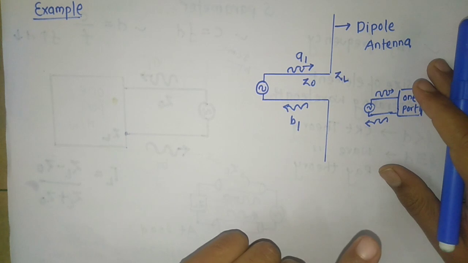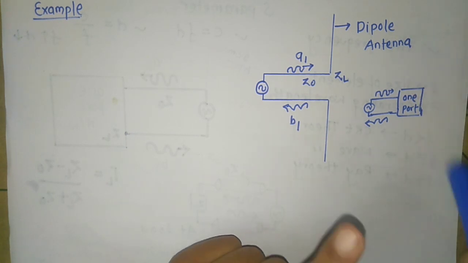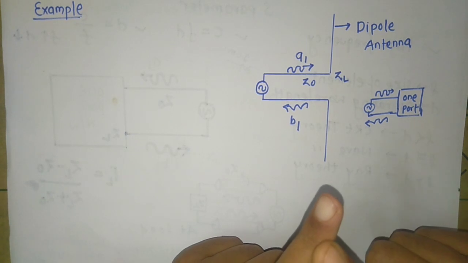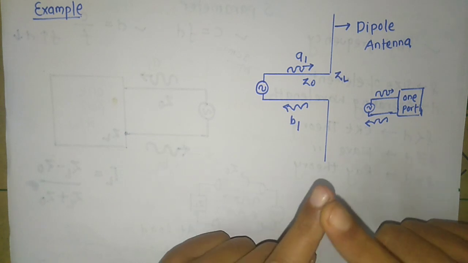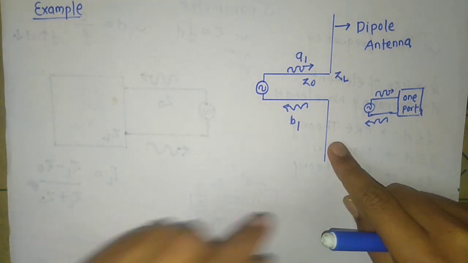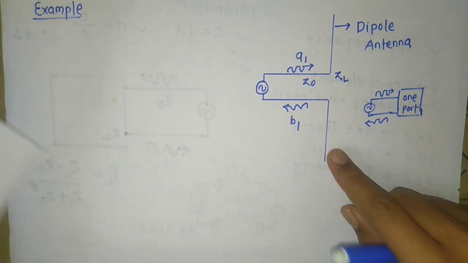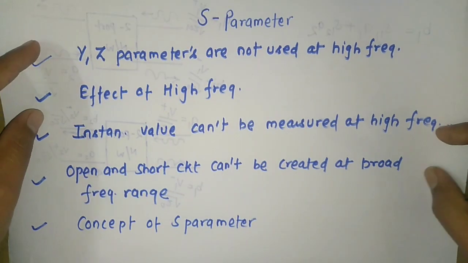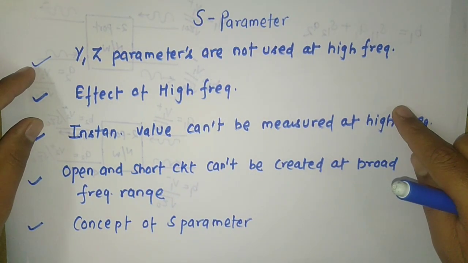And finally I am going to conclude this topic. The Y parameter and Z parameter are not used in high frequency. What is the reason? Because for the calculation of Y parameter and Z parameter, you have to create open and short circuits. At high frequency, the bandwidth will be very high. Bandwidth means range of frequency.